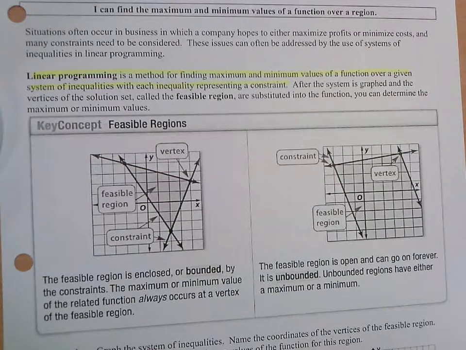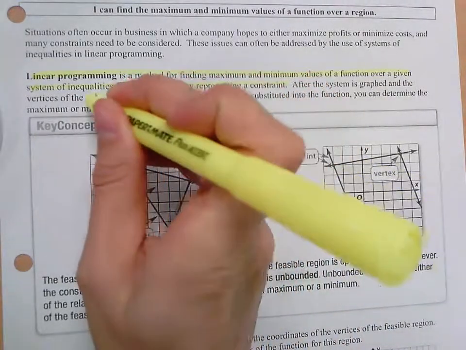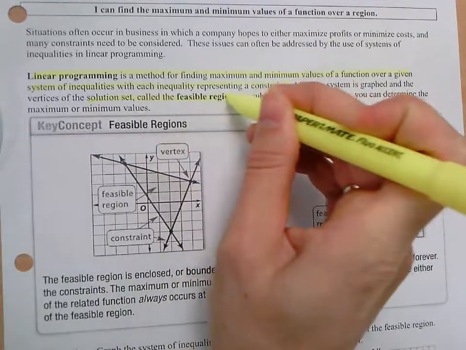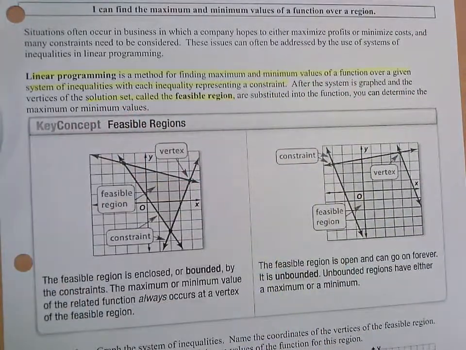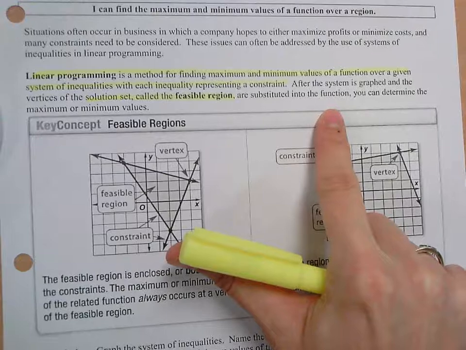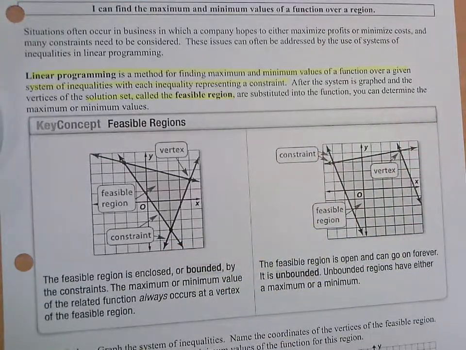So after you graph the system, you would find the vertices of the solution set. The solution set in linear programming is called the feasible region. So if you see that terminology, feasible region is the solution of a system of inequalities. But those vertices then are substituted into the function, which allows you to determine the max or min.